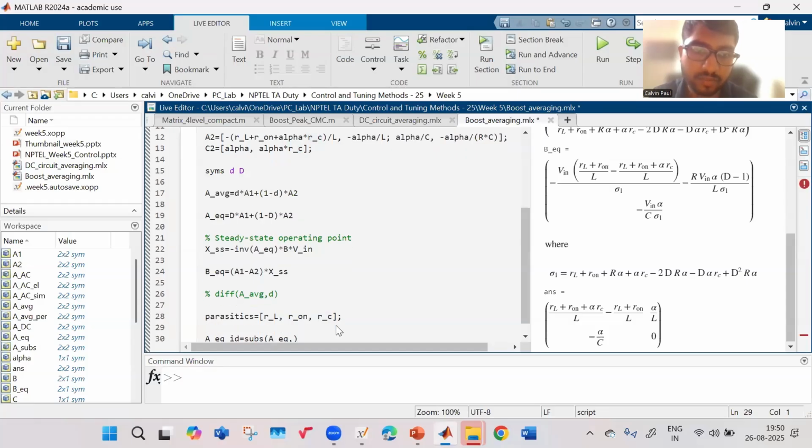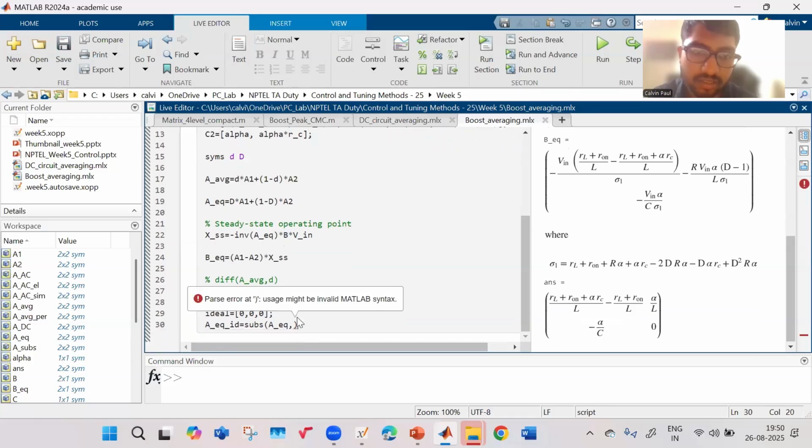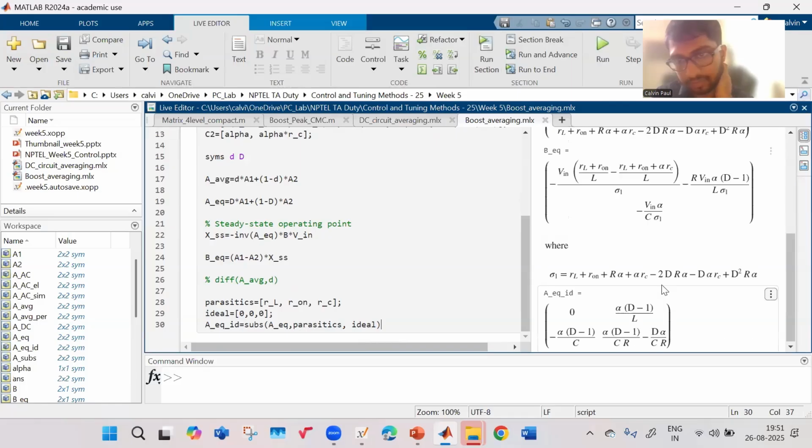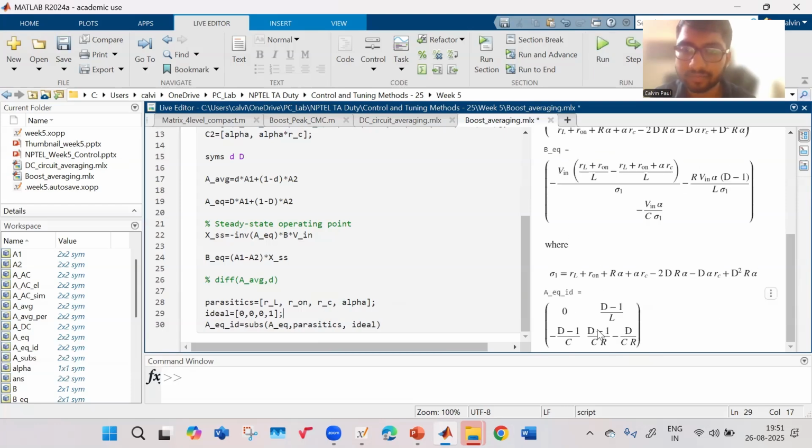And in the ideal case, we want it to be 0, 0, 0. Right? So our old is the parasitics, and this is the ideal. So let us see what it comes. Okay, comes like this. So this is the one which we got, but alpha is also there. And alpha in the case of ideal is 1. Okay. So if we run it, we get it like this. So this is what we had got, right? In the ideal case.